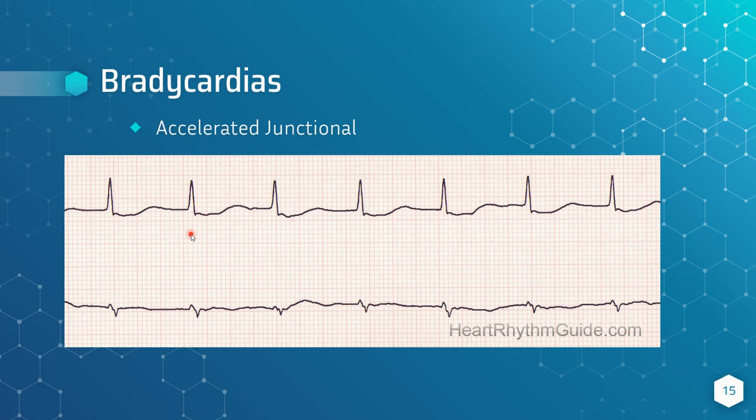And for the most part, if you want to treat a rhythm, you always treat the ventricular rate. If the patient's heart rate is around the 60s to 70s, then you don't treat it, because you only treat if they're symptomatic and you treat the ventricular rate. So if it was lower, then you would do something about it.